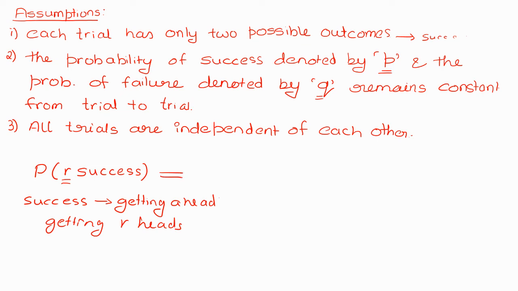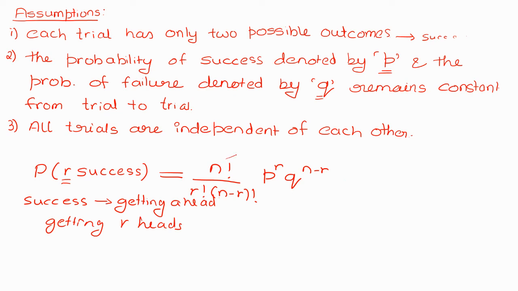This is given by n factorial upon r factorial times n minus r factorial, times p raised to r, q raised to n minus r.